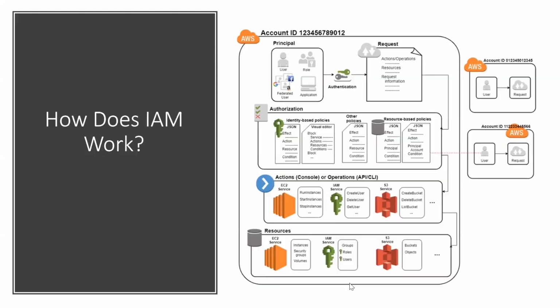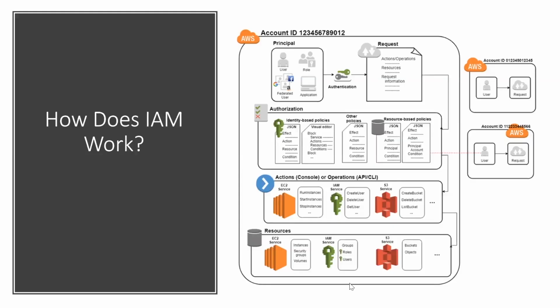Then come your resources, the actual resources on which these policies will be defined. Once the authorization has been checked, and the actions that a person has to perform on the resources, the person can access my EC2 service, associate volumes, create security groups, create instances. Similarly, for IAM, I can create groups, define roles, create users, and add membership to a role.